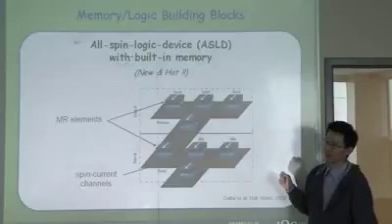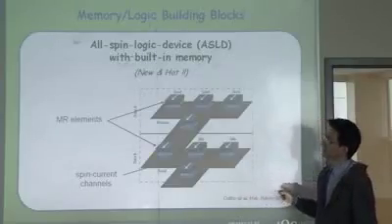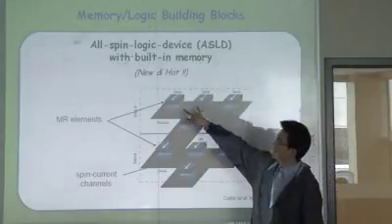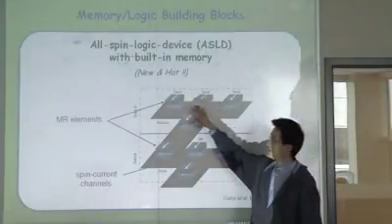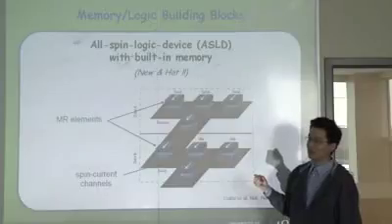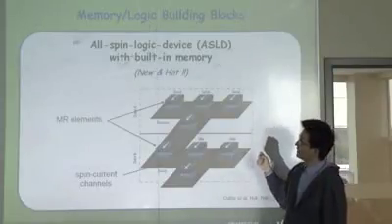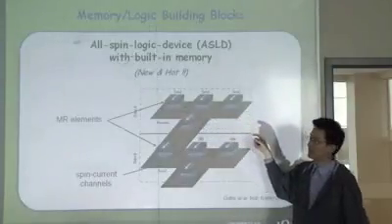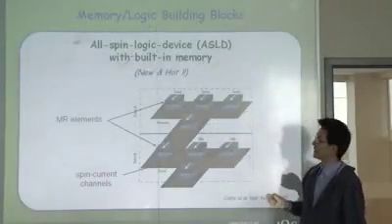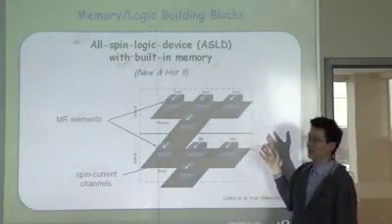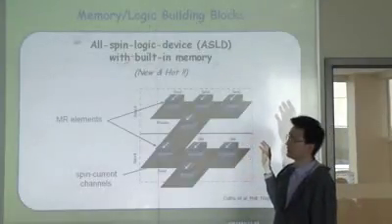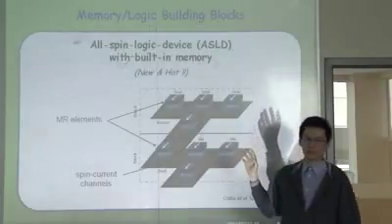The next thing we can do with all these magnetic tunnel junctions is to build a totally new logic device. It is a very recent proposal from Datta. In such a device, every magnetic tunnel junction can be configured into a sending or receiving mode, and the spin communication is realized by going through these channels using spin current. So it is becoming more and more plausible to build a total computer out of spintronics.